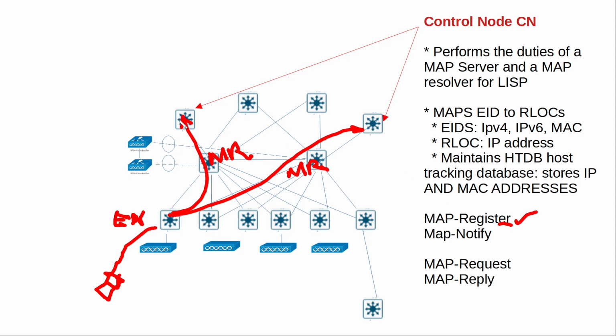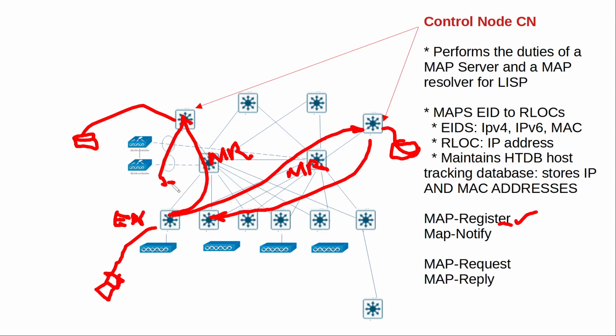Then the control nodes will update their host tracking databases accordingly, and they will have to respond with a map notify message to let the edge node know that the map register message was received successfully.